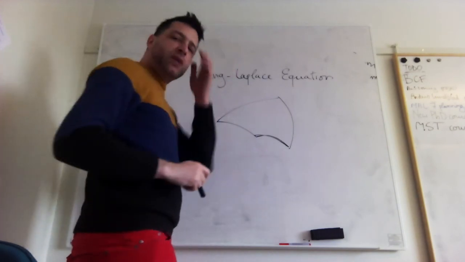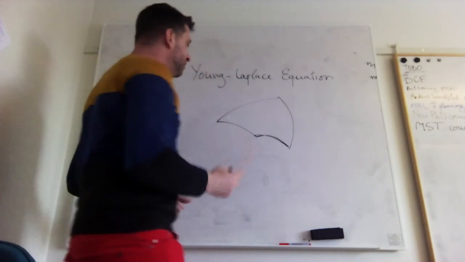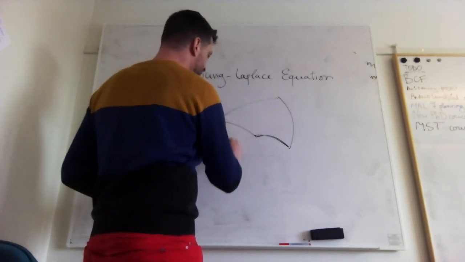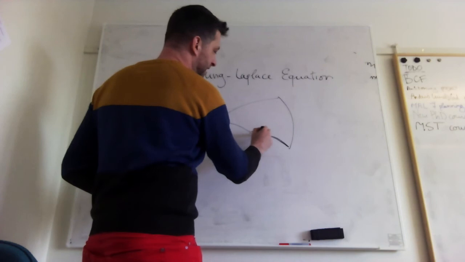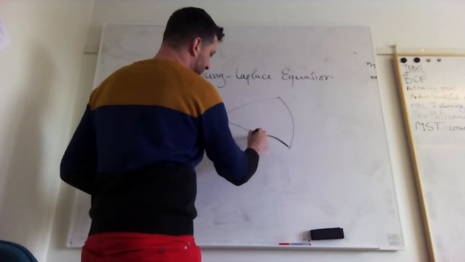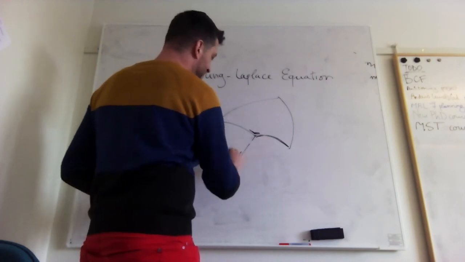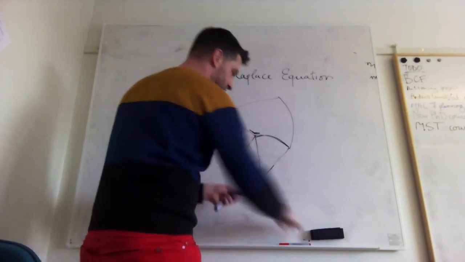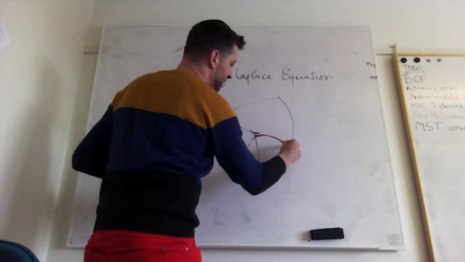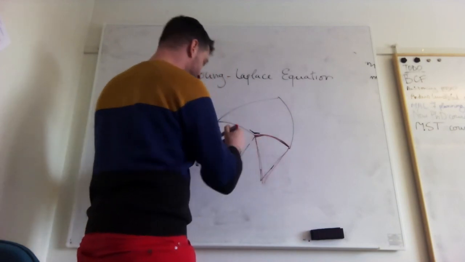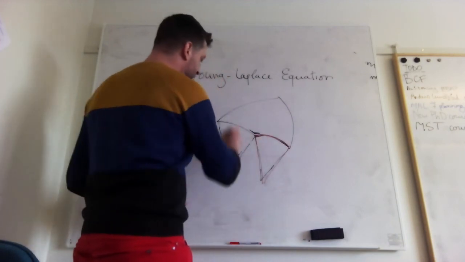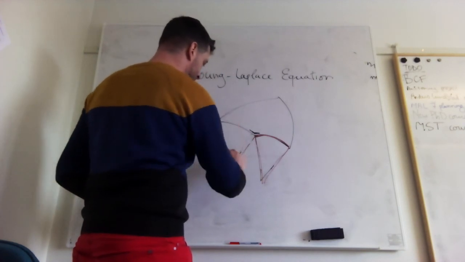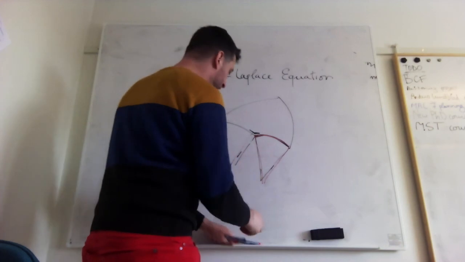I will be able to express a curvature by looking at a small part of that surface. I consider the curvature in the x direction and the curvature in the y direction. So I can have a radius of curvature here, which I call Rx, and the radius of curvature here I call Ry.